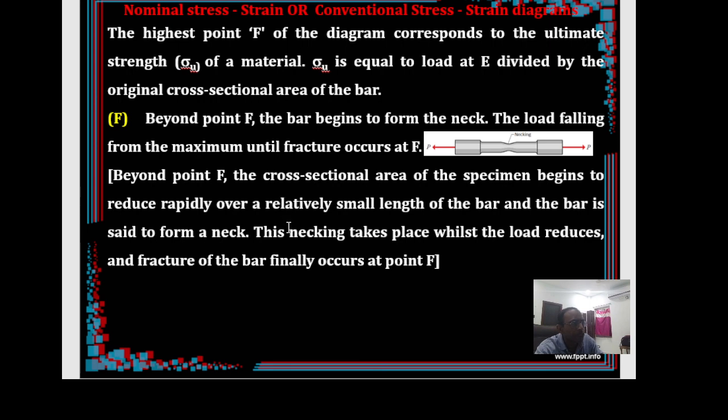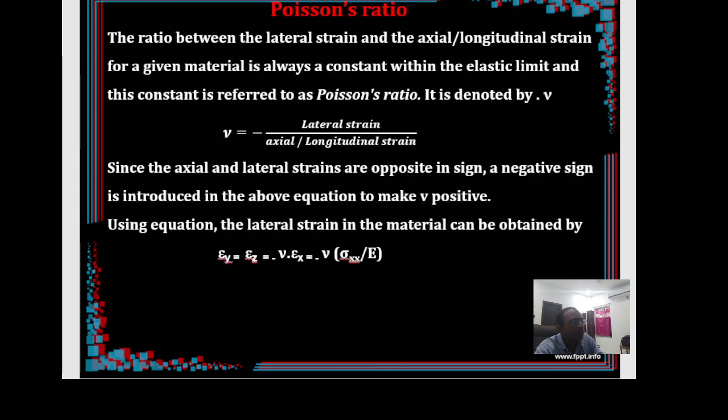Okay, so this is about the salient features of that particular stress strain diagram. So finally the failure occurs at the point G. Okay, so this is about the stress strain diagram and its features.